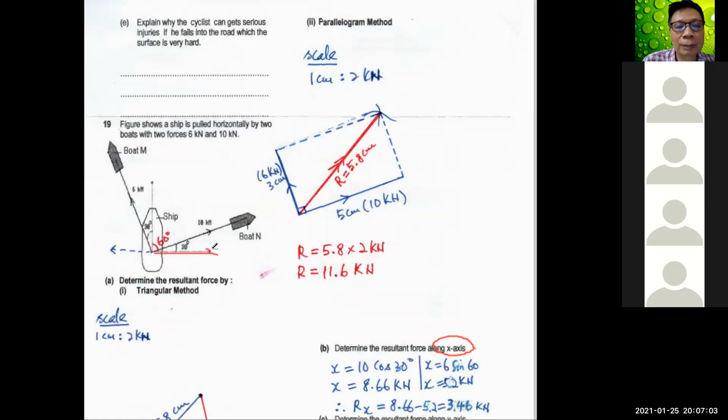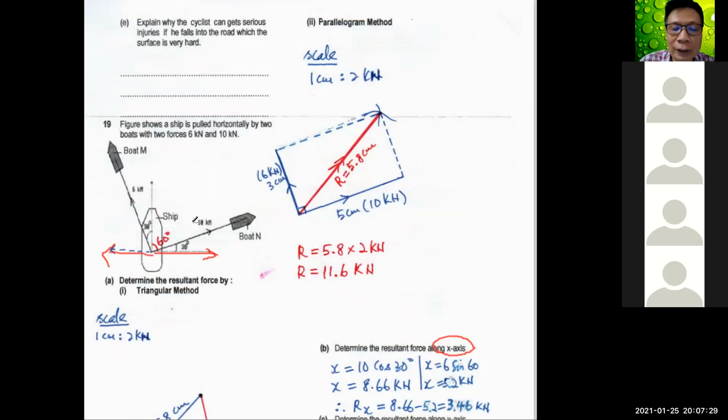Because they ask us to find along the x-axis, this force can be broken into x and y, correct? Y goes up, like that. So the x component is here, the y component there. The same thing for this one, it can also be broken into x and y.